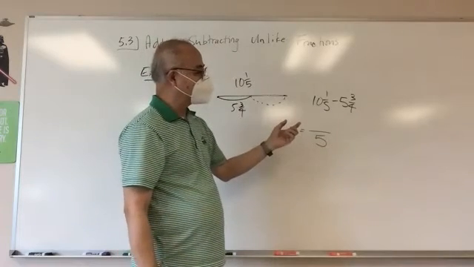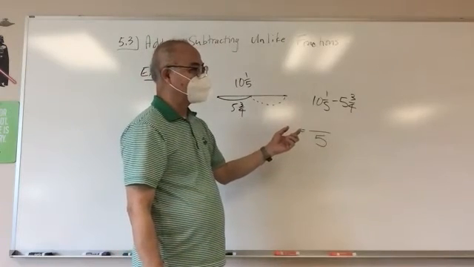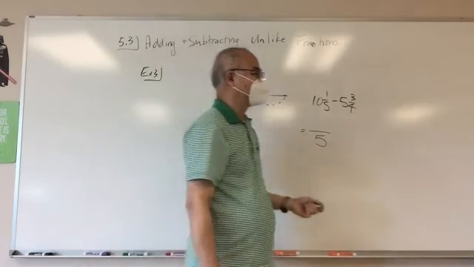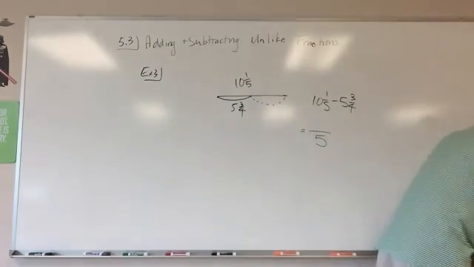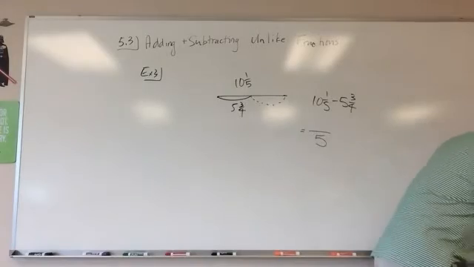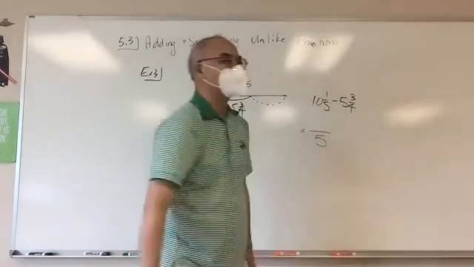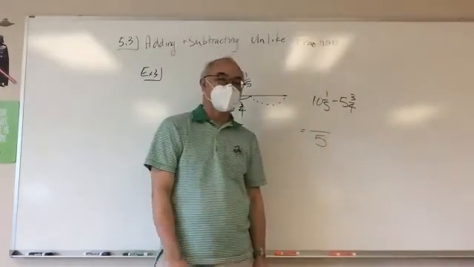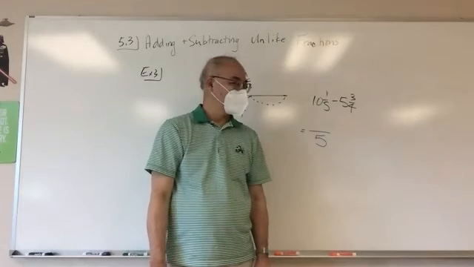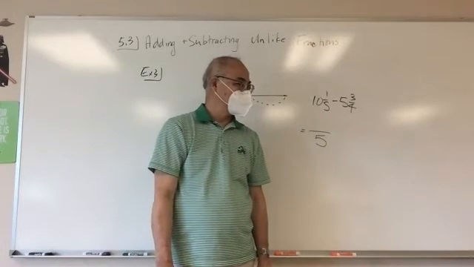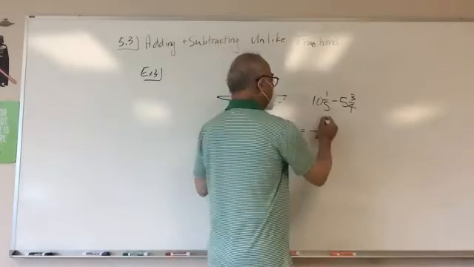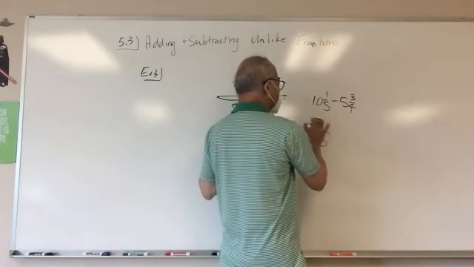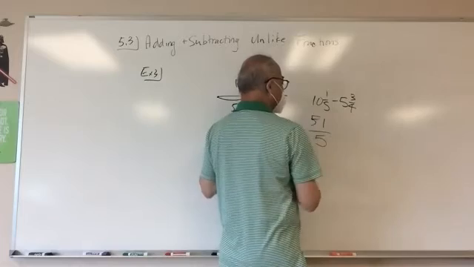Hang on, brain. AJ, what is 10 and 1/5? 50. It's 50. 51, right? Because we have to add the 1 here, right? It's 51.